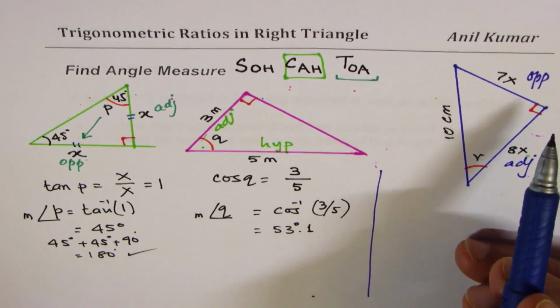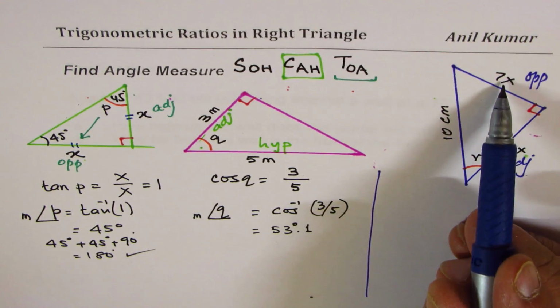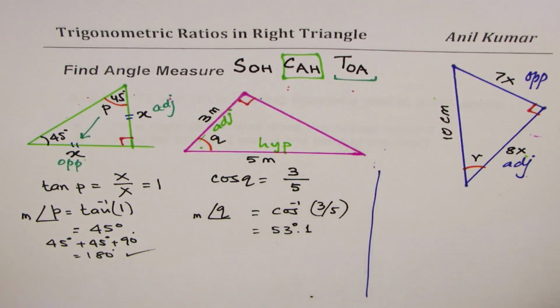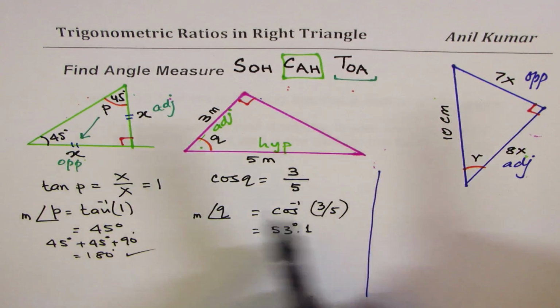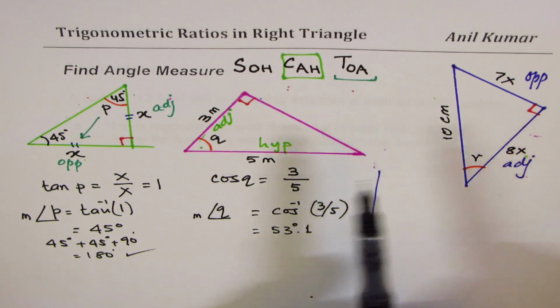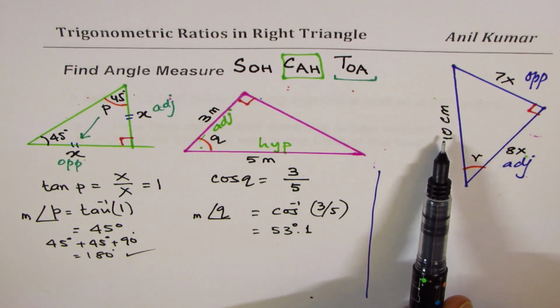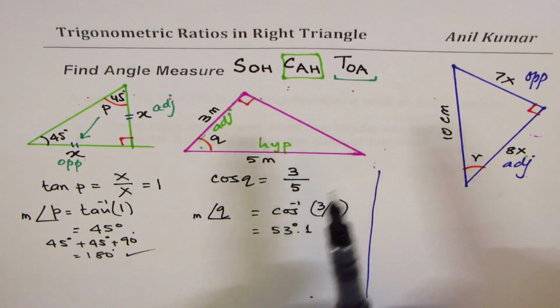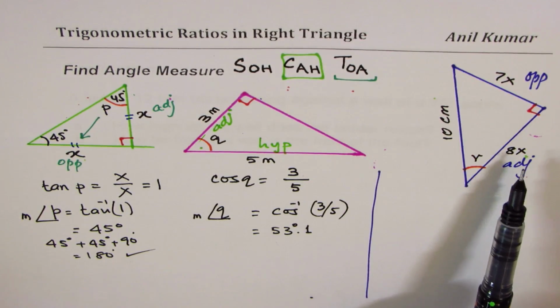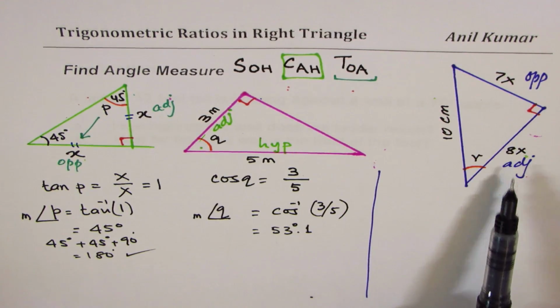Since we are talking about ratios, 8x and 7x is better, right? That's the funny part, we are not using the exact side, we are using the other two. The idea is x will cancel. If you use 10 and 8x, you don't know what x is. So that's a key.